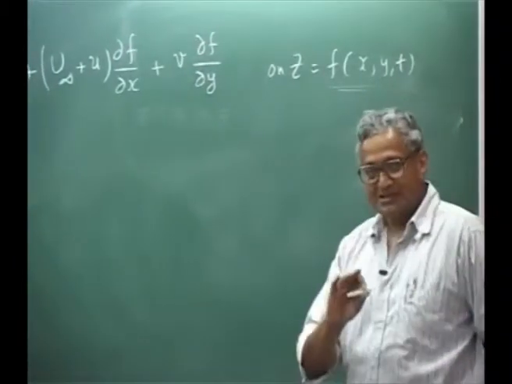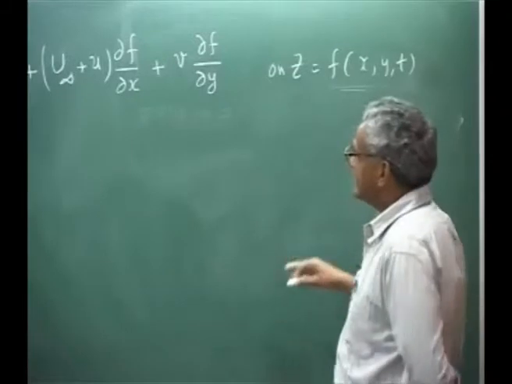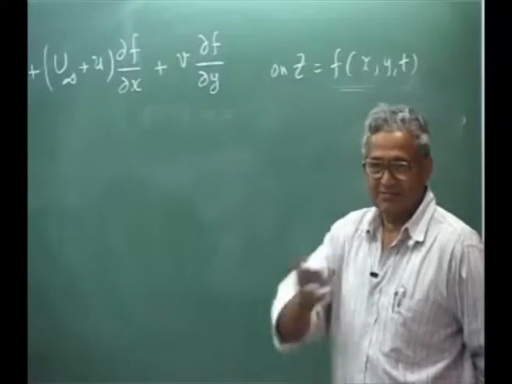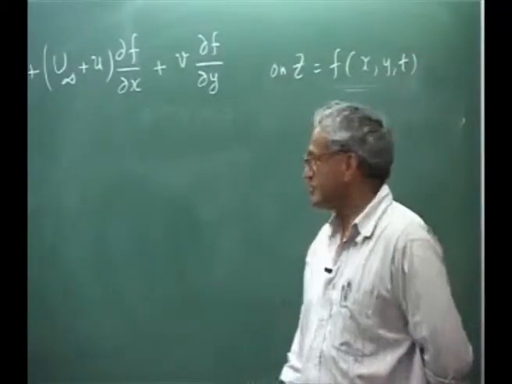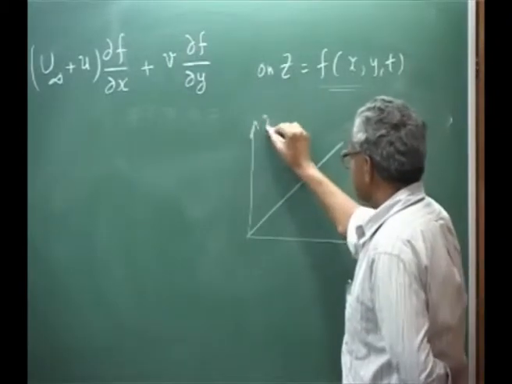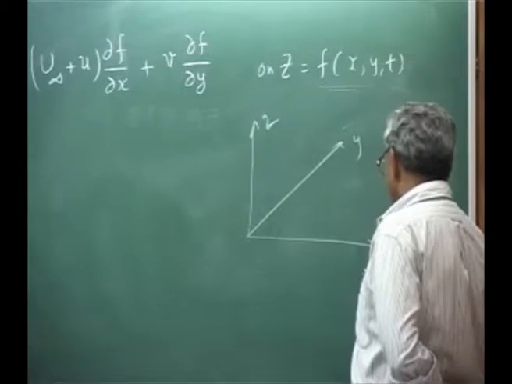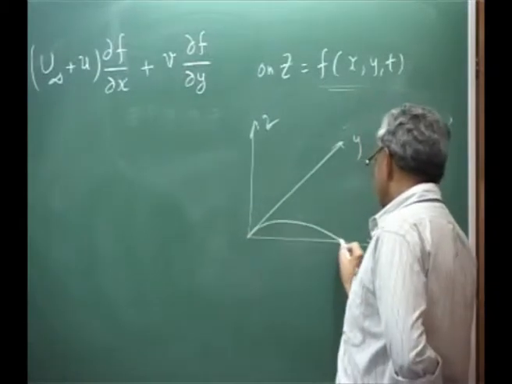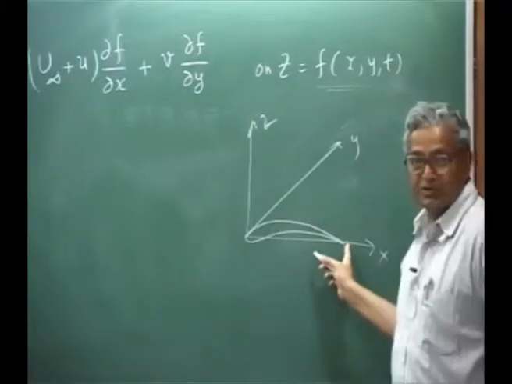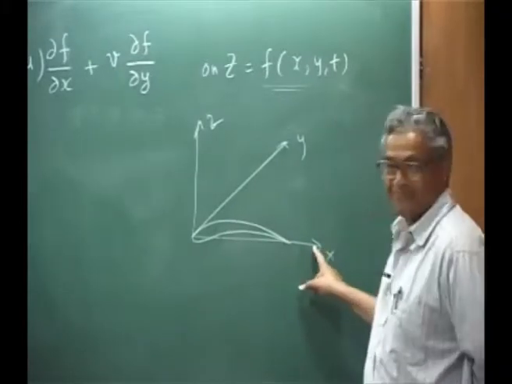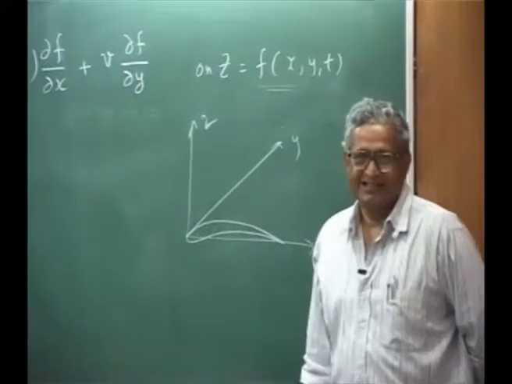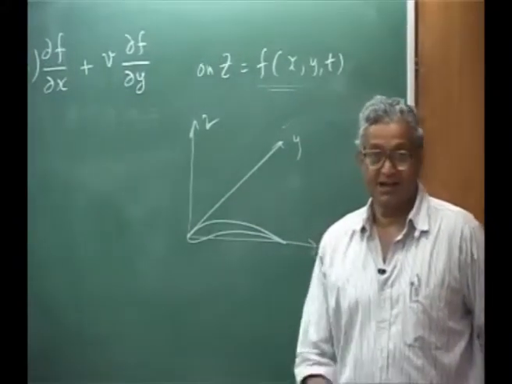Now you are going to make some assumptions here. That is, if the slope of the surface with respect to x, because we have drawn, this is z, y and x, our aerofoil, this slope with respect to x, delta f by delta x or delta f by delta y, they are small because it is not a large slope.